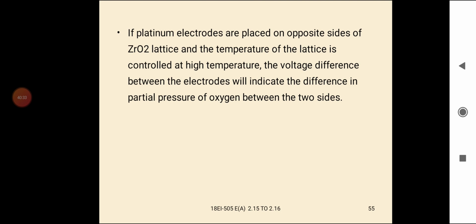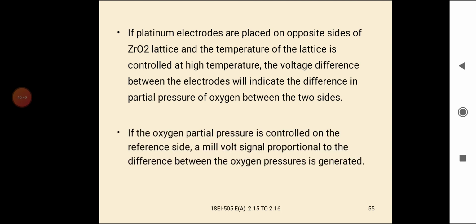If the platinum electrodes are placed at opposite sides of the zirconium lattice and the temperature of the lattice is controlled at a high temperature, the voltage difference between the two electrodes will indicate the difference in partial pressure of oxygen between the two sides. If the oxygen partial pressure is controlled on the reference side, a millivolt signal proportional to the difference between the oxygen pressures is generated.